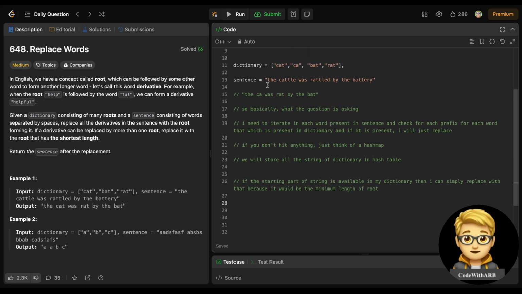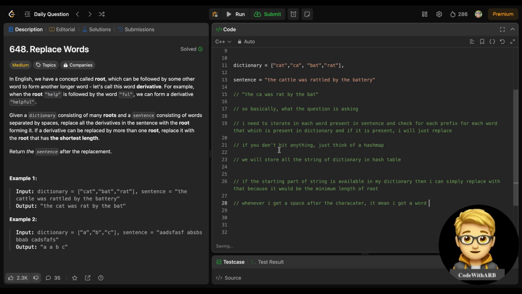And how will the word be formed? Whenever I get a space after a character, it means I got a word, right?